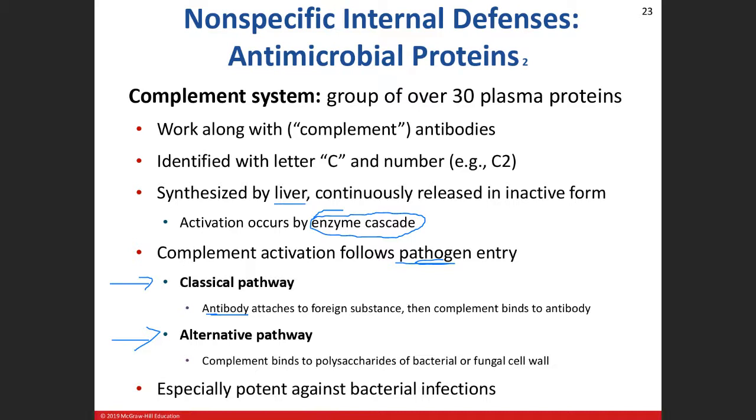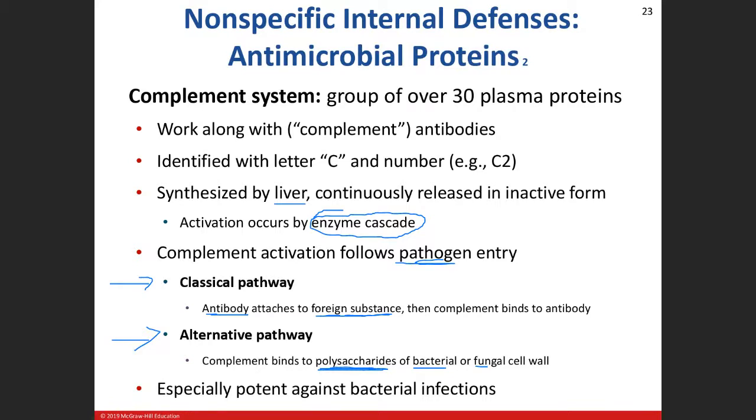The alternative pathway is going to involve either sugar, polysaccharide, which usually comes from some form, either a bacteria or a fungus. Those are what I need you to understand. Classical, so we have the antibody attaching onto, it's listed here as the foreign substance, but antibodies attach onto antigens.